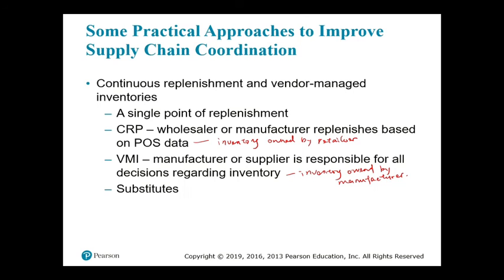So in these cases, the retailer could actually be a better source to manage the inventory. On some occasions, we actually have a category leader manage the inventory of the whole category. So, for example, for shampoo, Walmart may ask P&G to manage all the shampoos from different brands.